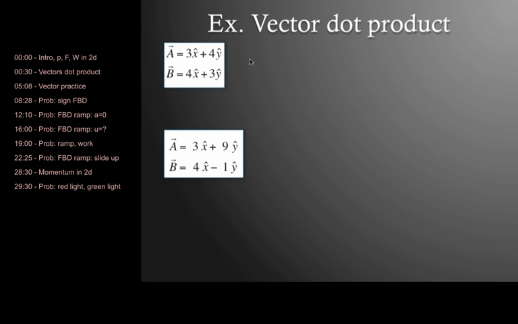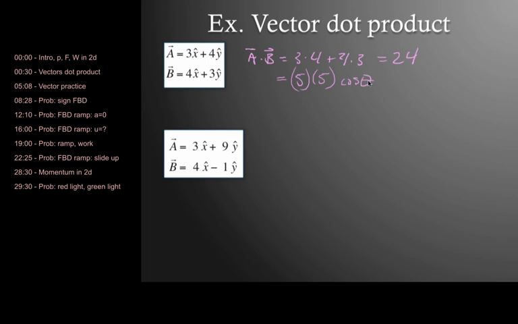So let's do some examples. Let's say A dot B is equal to 3 times 4 plus 4 times 3, and this is going to give you 24. Now we could work out this dot product the other way. Look at the magnitudes. So this is a 3, 4, 5 triangle, so that's 5 times 5, and then times cosine theta.